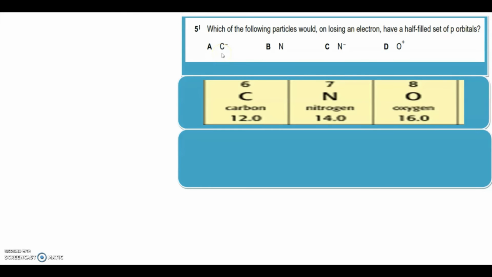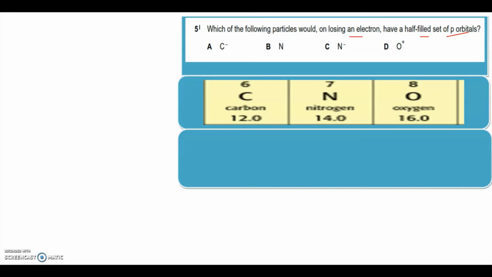Question number 5. Which of the particles would, on losing an electron, have a half-filled set of p orbitals? So these are the particles. You need to know the number of electrons in them first, and then minus 1 electron, and then write their electronic configuration. So there are 3 steps for each option.